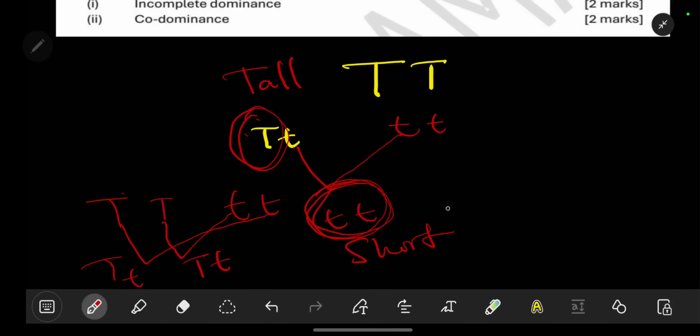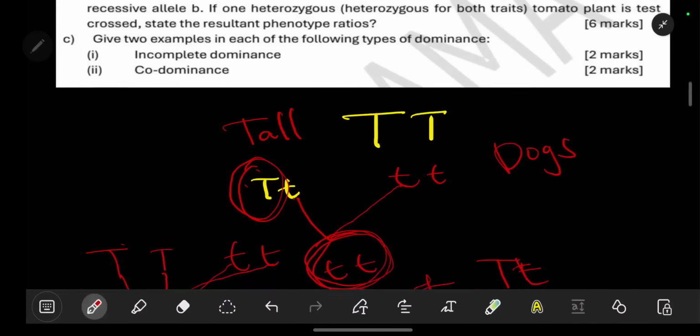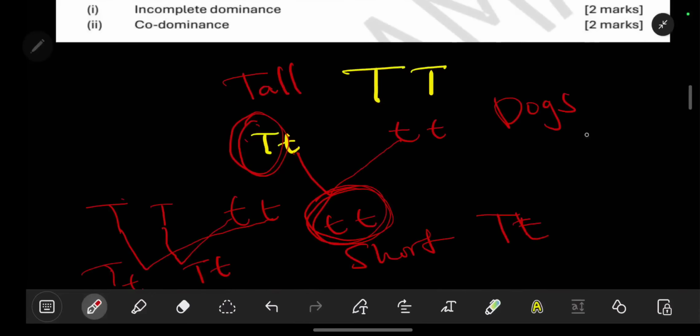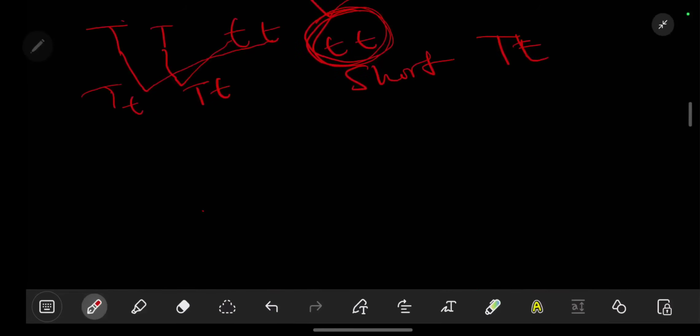Now in real life, it's not that they show the exact traits for tallness. For example, if you want to determine the genotype of a dog, you get a smaller dog. Then with that smaller dog, you are going to fuse it with a big dog. So a big dog you don't know, then you have the small dog, which you know has two small letters.